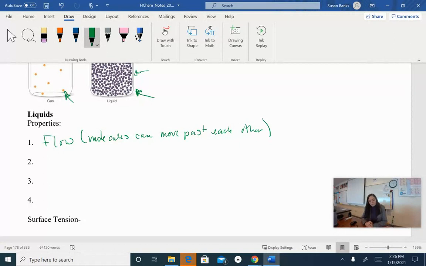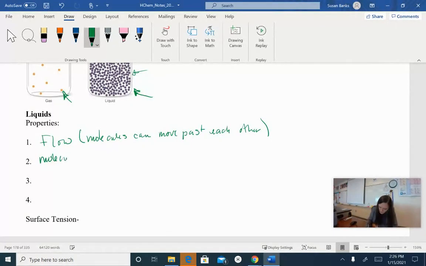Do molecules take the shape of their container in a liquid? Yes, they do. Molecules take the shape of their container. That means there is no definite shape.